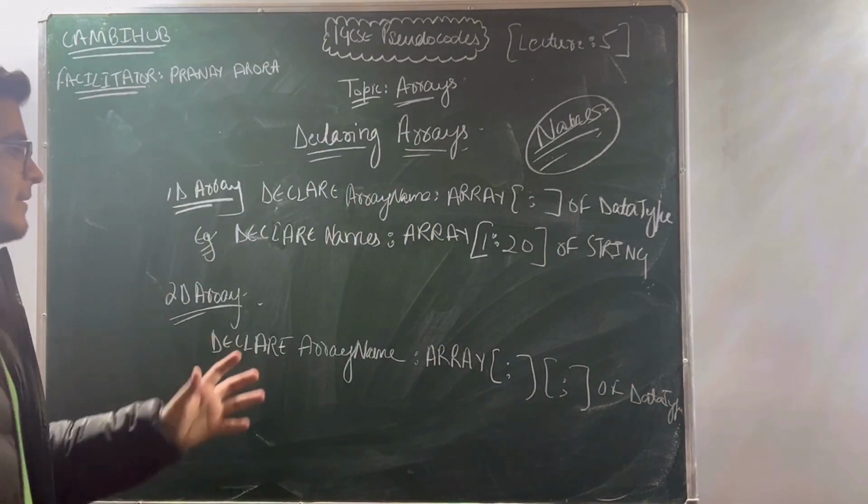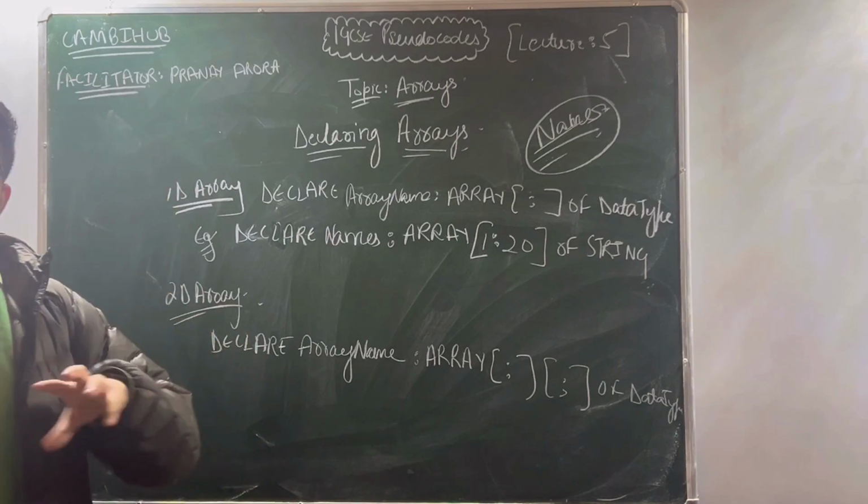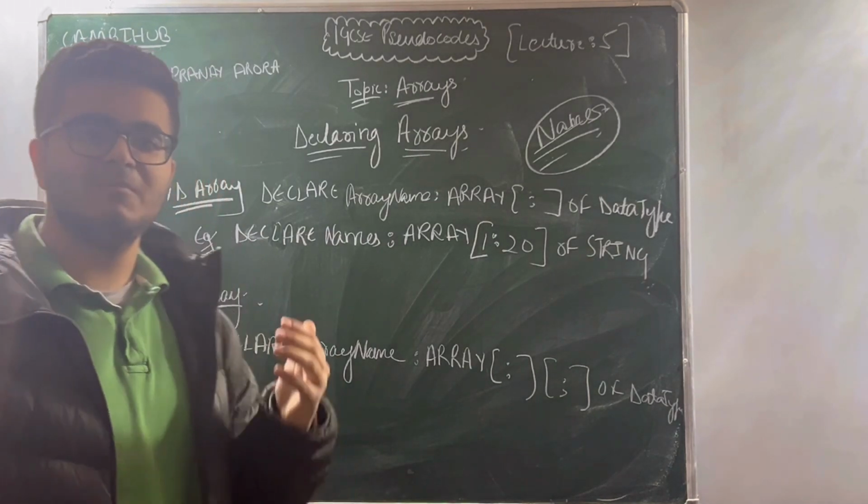Since a 2D array has rows and columns, we need to declare both the row and column range.